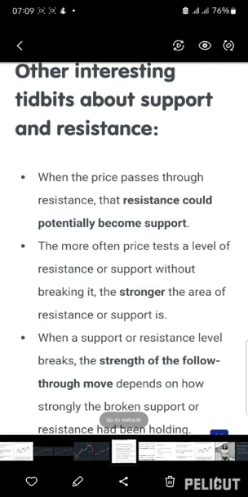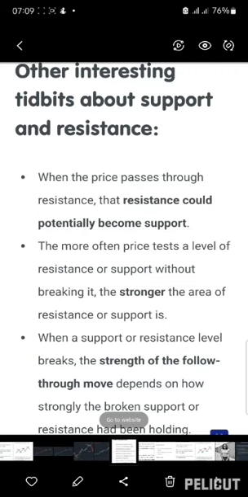Remember the resistance level that I showed you that was tested several times. It was holding very strongly, and when the asset finally broke out, it had a massive rally up, because that particular point was a very strong resistance level that couldn't be broken with just one move. So it had a very strong rally.